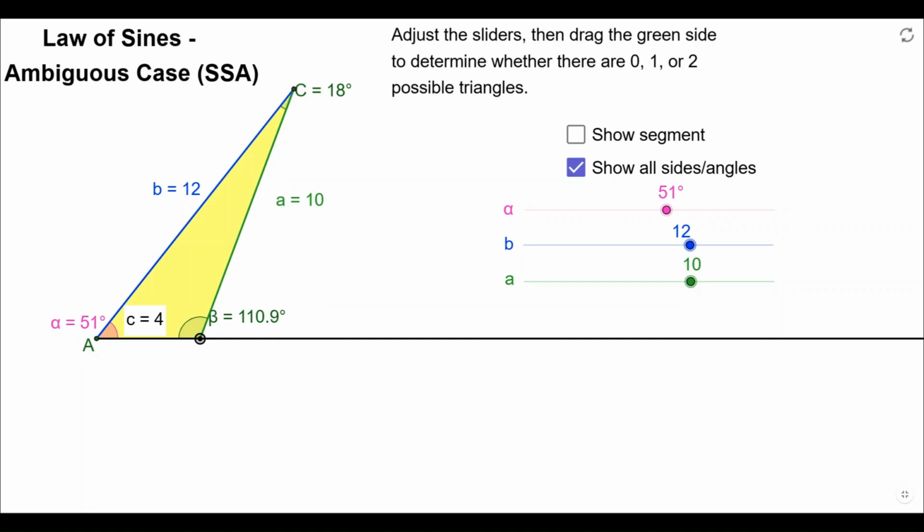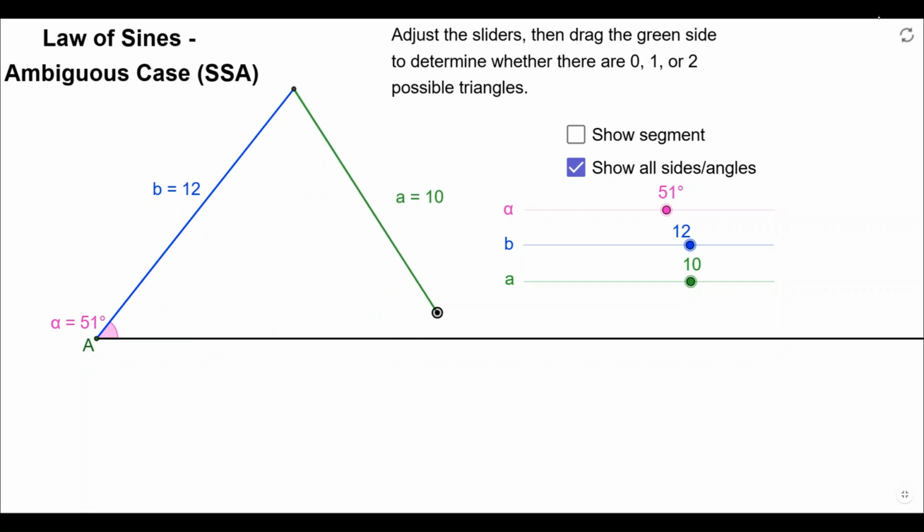One triangle where we have this acute angle B, and another one where we have the obtuse angle B. And for that to happen, we need, again, the length of the side opposite angle A to be longer than the height. But we also need side A, the opposite side, to be shorter than the adjacent side, side B in this case. So 10 is less than 12.